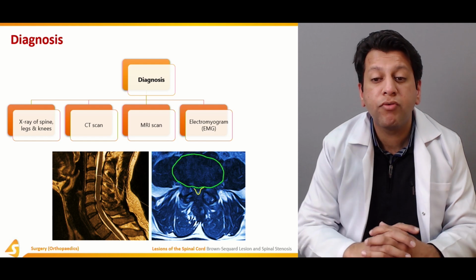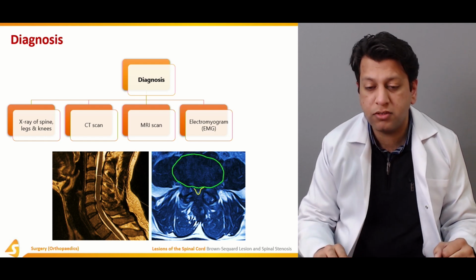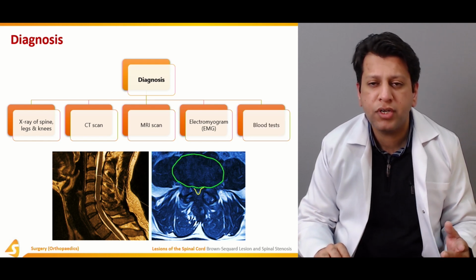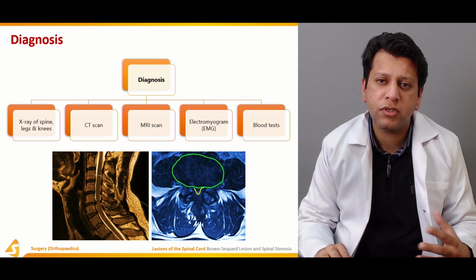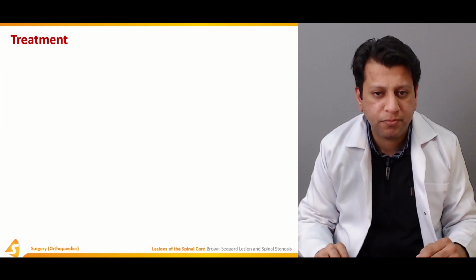And lastly, we can go for EMGs, especially if associated with end stage muscle weakness. Other blood tests may not be required for the diagnosis, but once we are planning for surgery, we need to be sure whether the patient is fit enough for surgery or not.